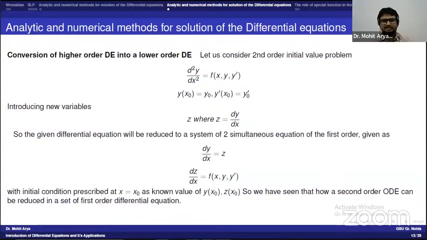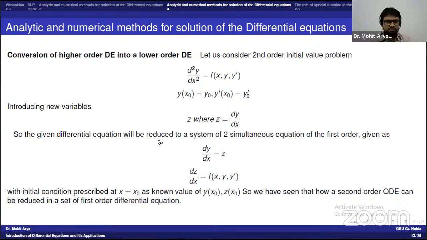Now here we consider a second order initial value problem. Here we have two conditions at the point x0, that is the initial point. Introducing a new variable: here we introduce the new variable z, which equals the first order derivative of y.